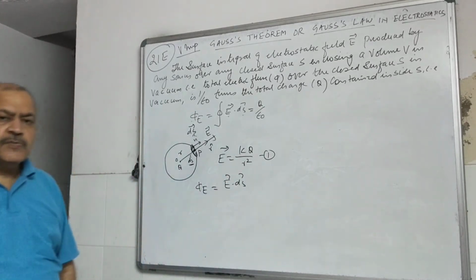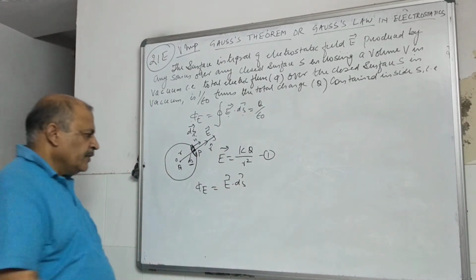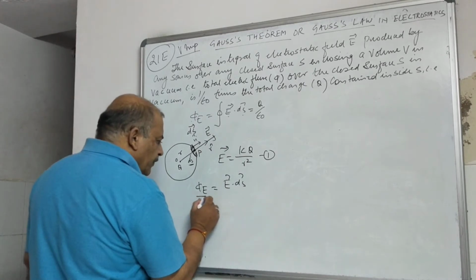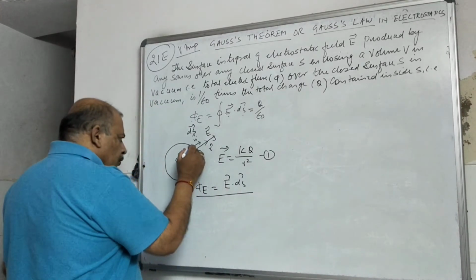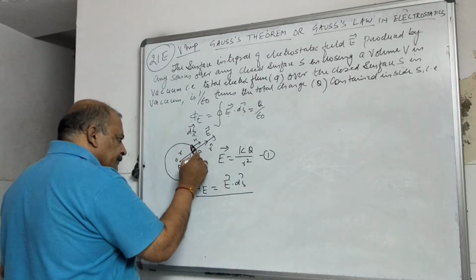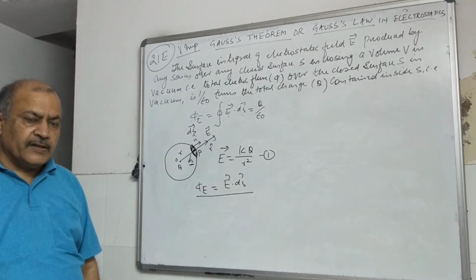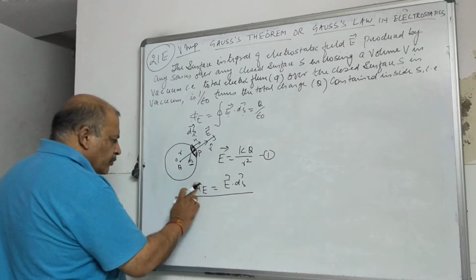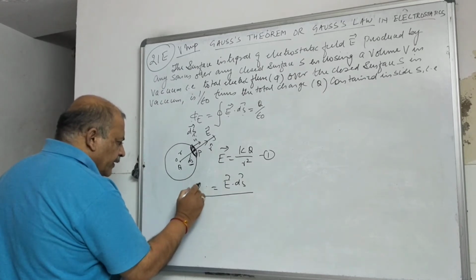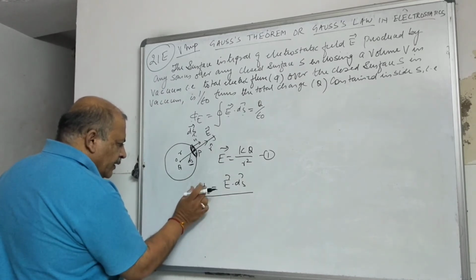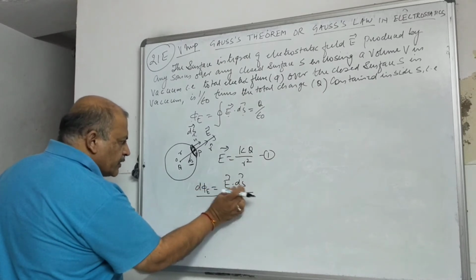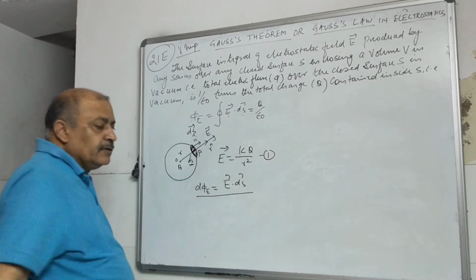Now E and ds are both in the same direction, right? So this is the flux which is coming out through this small area. Now if we have to calculate the total electric flux, you can even write this part in this way: d phi E, the small flux coming out of this small area, right?